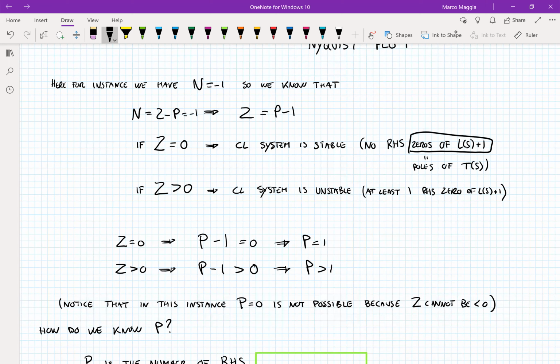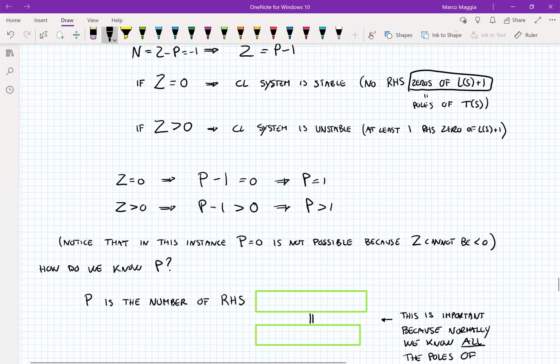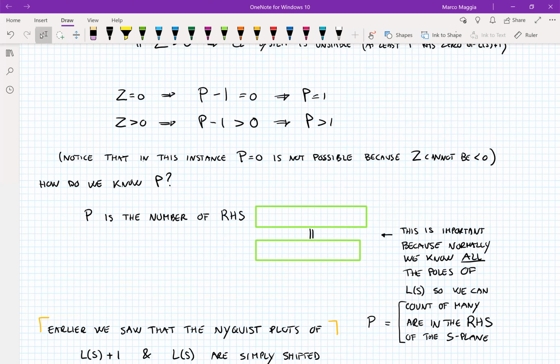So now the last ingredient for us to determine the stability of the closed loop system is to figure out how many poles of L of S plus 1 are on the right-hand side of the plane. You say, okay, but how do we know that? But the poles of L of S plus 1, go back to the beginning of this part 2 of the lecture.